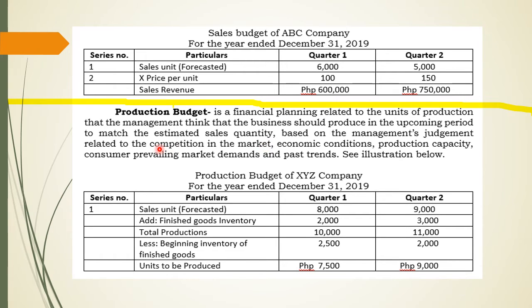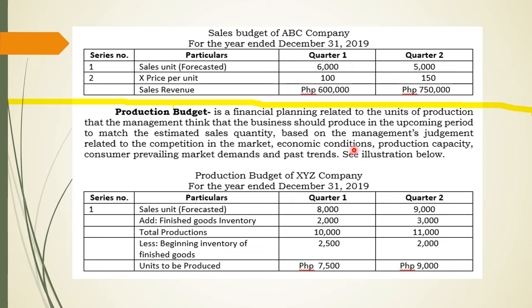Of course, there are researches nga mag-reveal kung kinsa inyong mga competition o pila ra ka product ang inyong i-produce kay basin ma-over supply mo sa inyong product. Then, dili siya mahalin tanan because you have a lot of competitors. Then, another reason is economic conditions. Example of economic condition is what is brought by the pandemic. Di ba? Our economy has gone down.